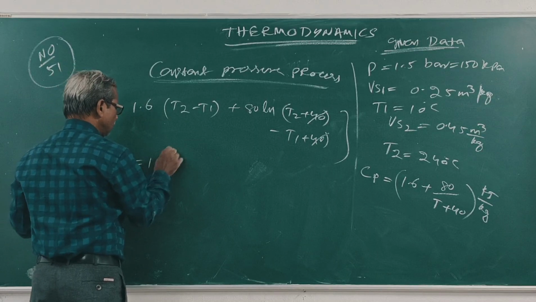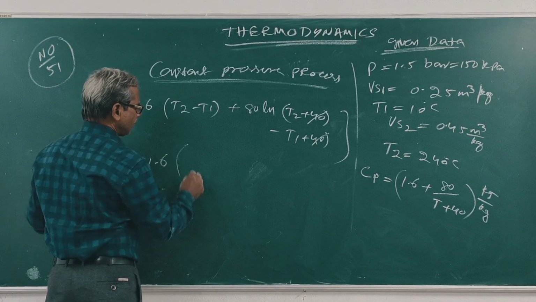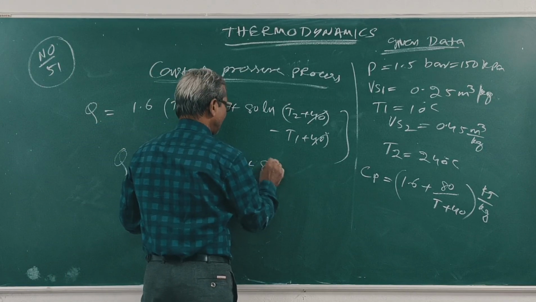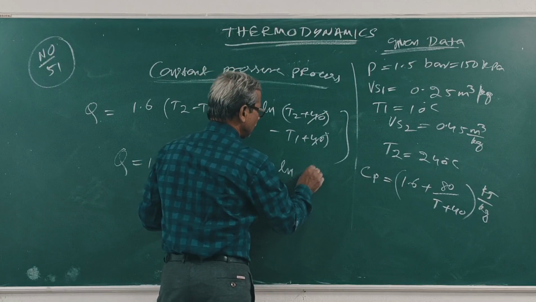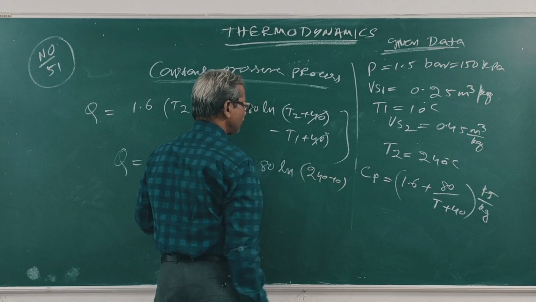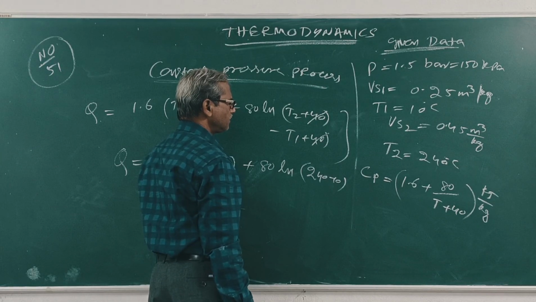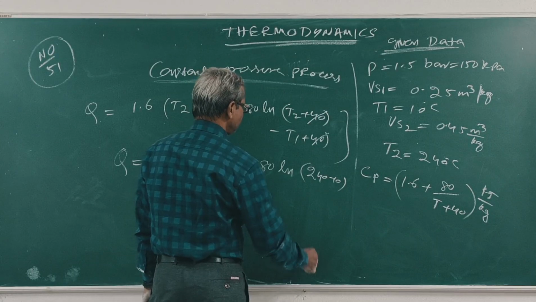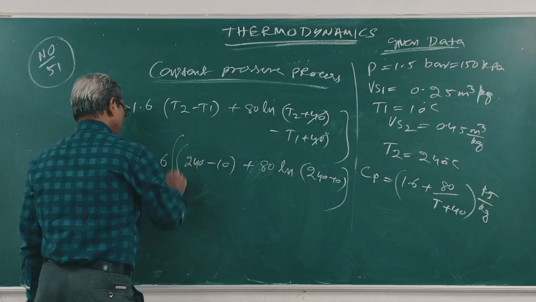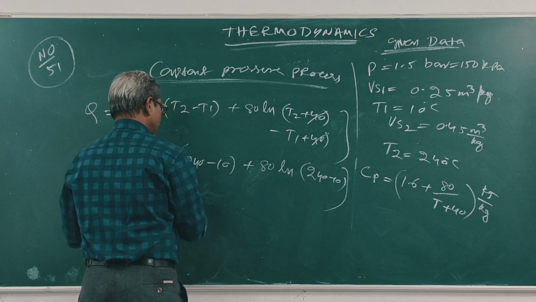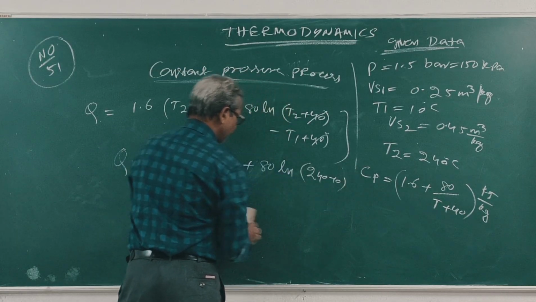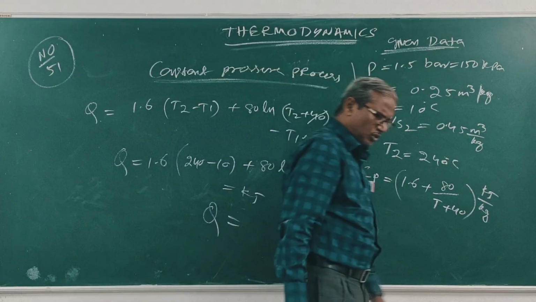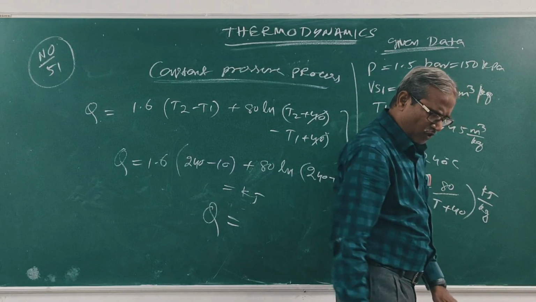Q is equal to 1.6 into T2 minus T1, 240 minus 10, plus 80 log of T2 minus T1, 240 minus 10. Clear? Put in the values. The answer is in kilojoule. Solving, we will get Q is equal to 505.5 kilojoule.